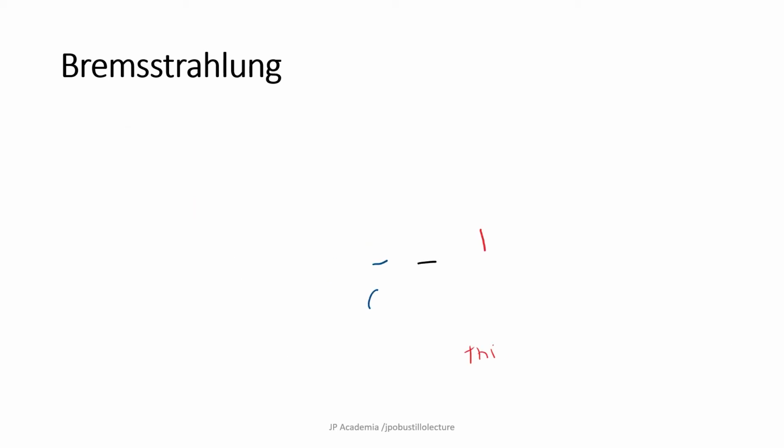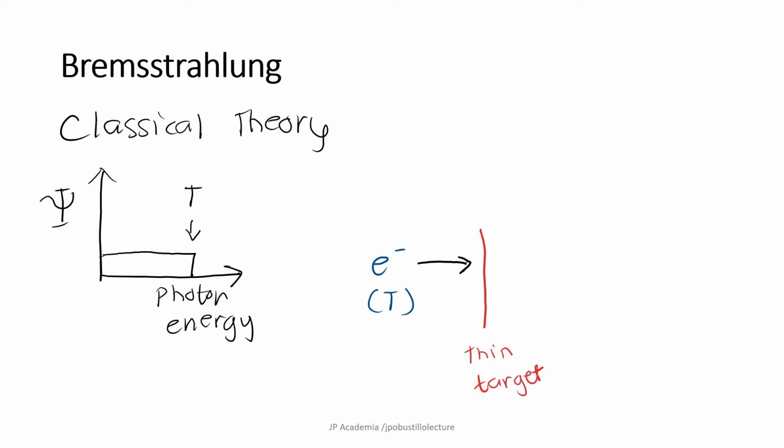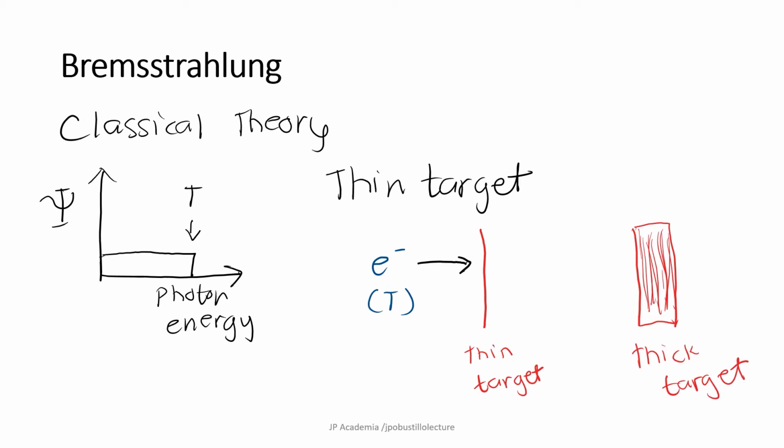Let us now discuss Bremsstrahlung in terms of classical theory. Consider an electron bombarding a thin target. It will yield a constant energy fluence psi from 0 up to the initial kinetic electron energy T, as shown in the figure. And what if, instead of a thin target, we bombard a thick target, or just a stack of thin targets, with an electron?